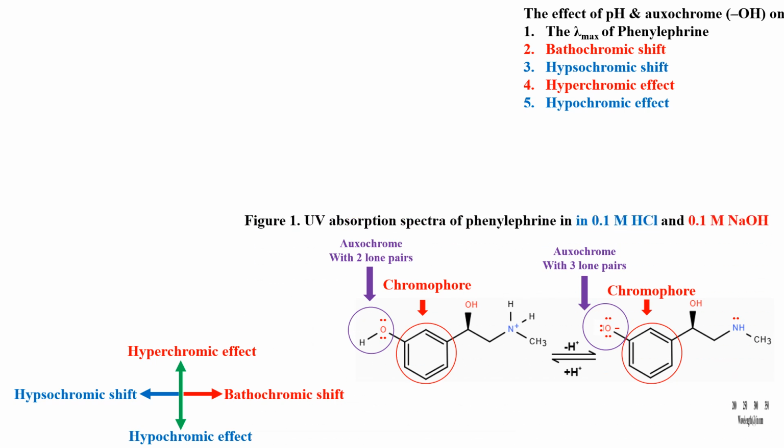Now let's study the UV absorption spectra of phenylephrine drug molecule under acidic and basic conditions. So the solvent used to induce the acidic condition is 0.1 molar HCl, and we have used 0.1 molar sodium hydroxide for basic conditions.